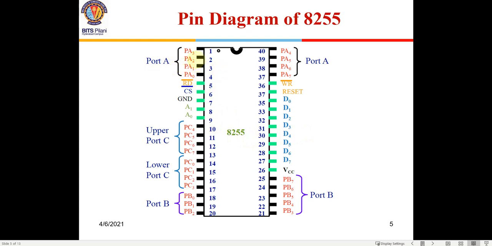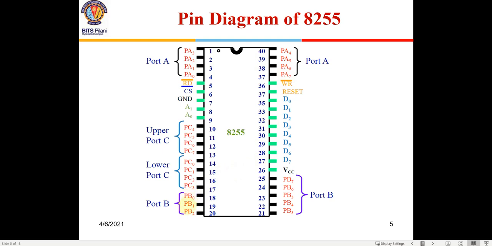There are 3 ports which can be connected. If you see port A, pins 1 to 4, and then again 40 to 37, you have port A0 to port A7. These are the 8 pins to which an 8-bit port can be connected.